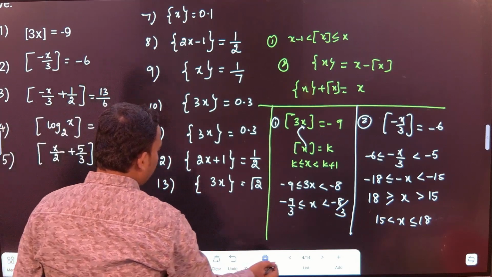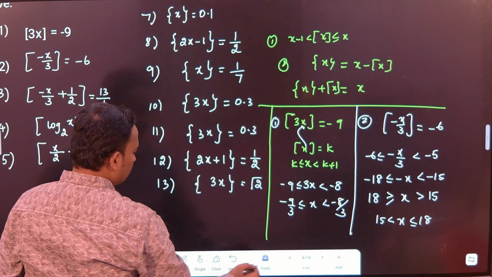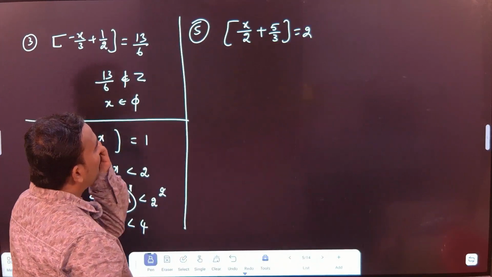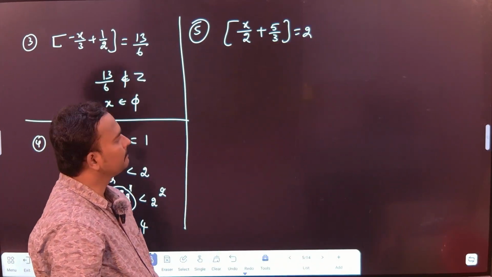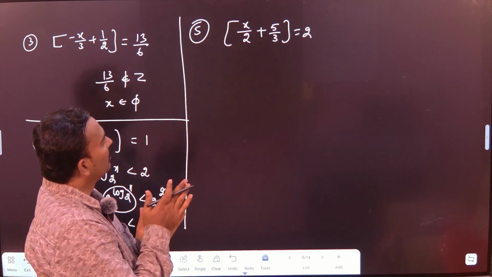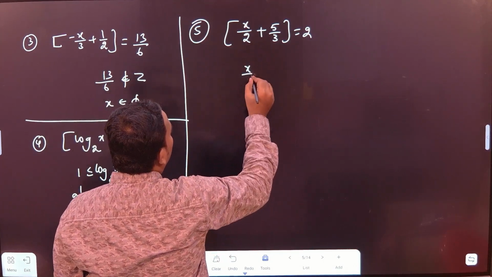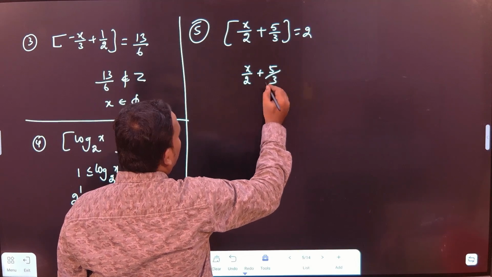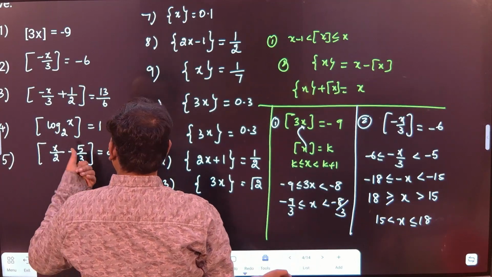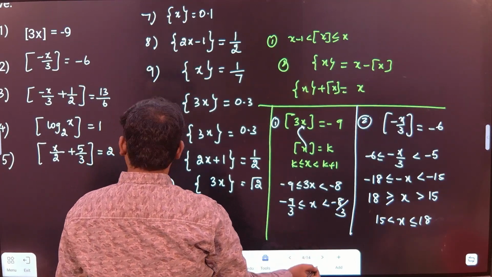Okay, fine. So how to find out quickly? The same idea. Instead of x here, x by 2 plus 5 by 3 is there, right? You check it once, it's correct or not. 5 by 3, yes, correct.